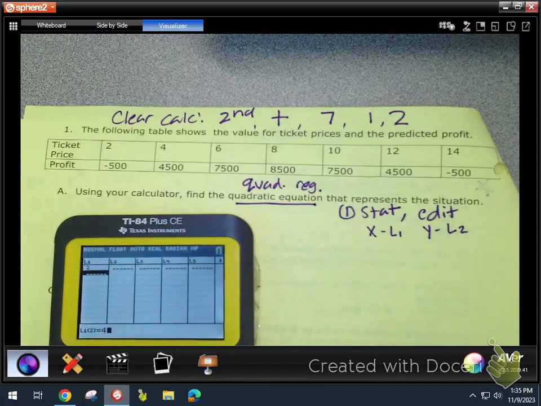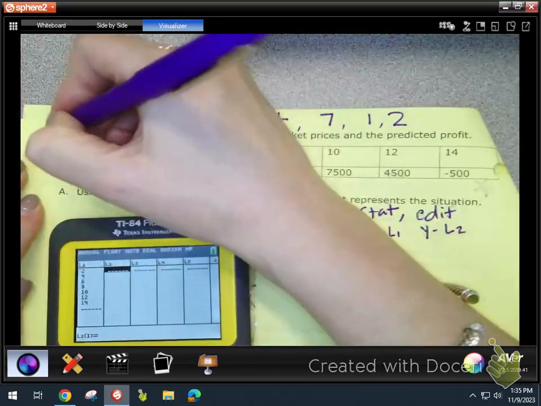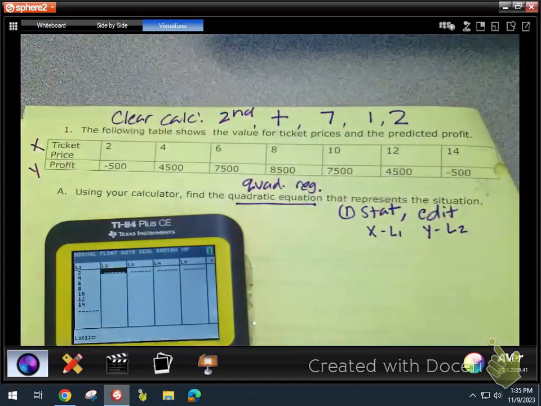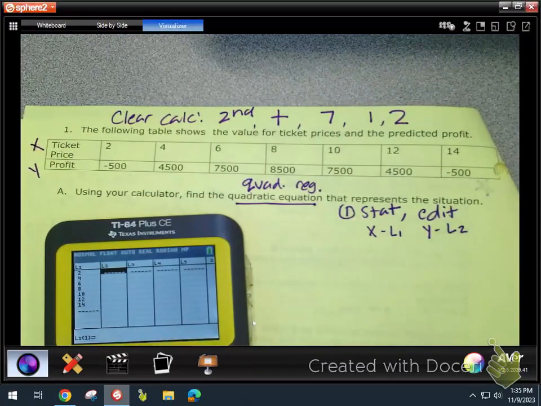2, 4, 6, 8, 10, 12, 14. Your Y's, which again, these are your X's, these are your Y's. If it's a table, X is usually the top or the left, Y is the bottom or the right.